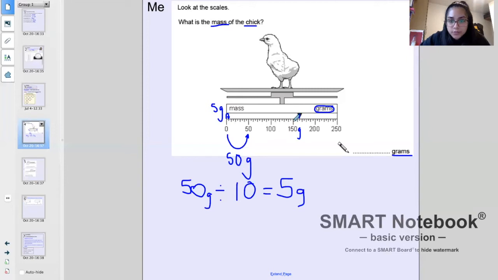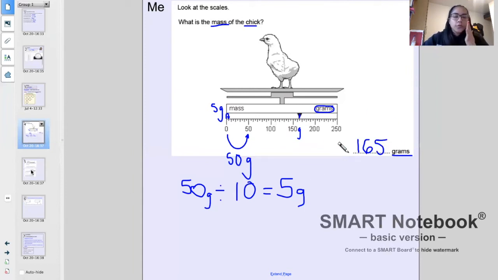So 150, 155, 160, 165. And that's where my mass is pointing at. So hopefully, if you were following with me, you should have also counted 165 grams. And that is the mass of the bird.